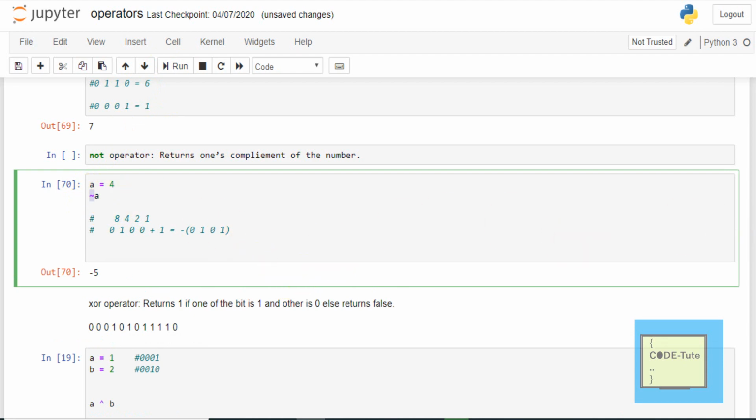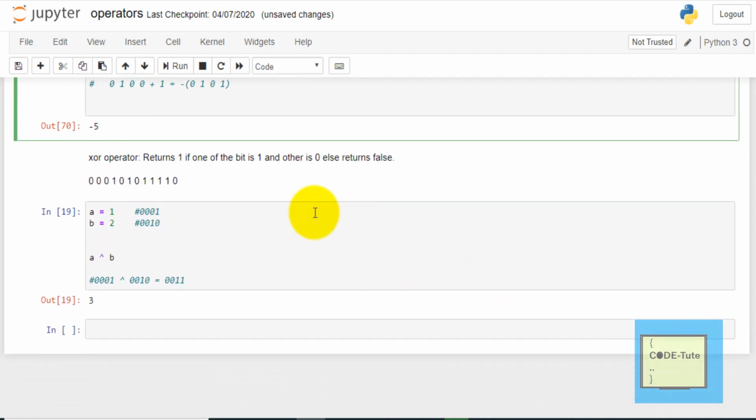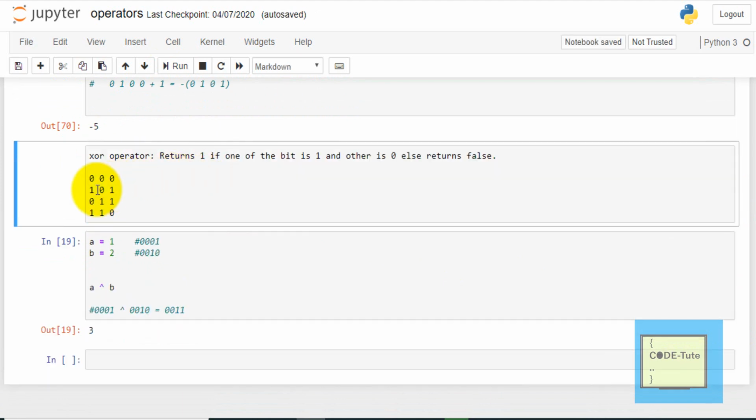The last operator is XOR operator. So again there is some rule here. The rule is it returns true if one of the bits is 1 and the other is 0, else returns false. So if only one of the statements is 1, then the output is true, otherwise the output is false.